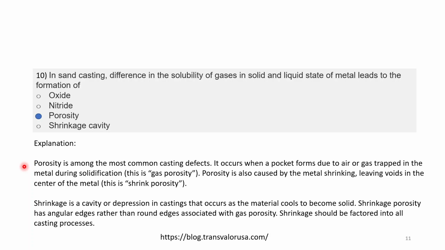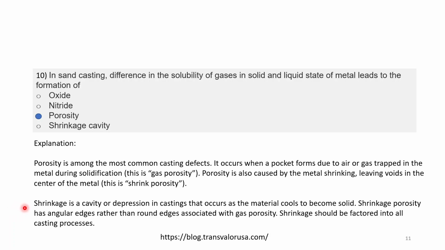Porosity is among the most common casting defects, which occurs when a pocket forms due to air or gas trapped in the metal during solidification, which is gas porosity. Porosity is also caused by the metal shrinking, leaving voids in the center of the metal, which is shrink porosity. So there are two types of porosity.